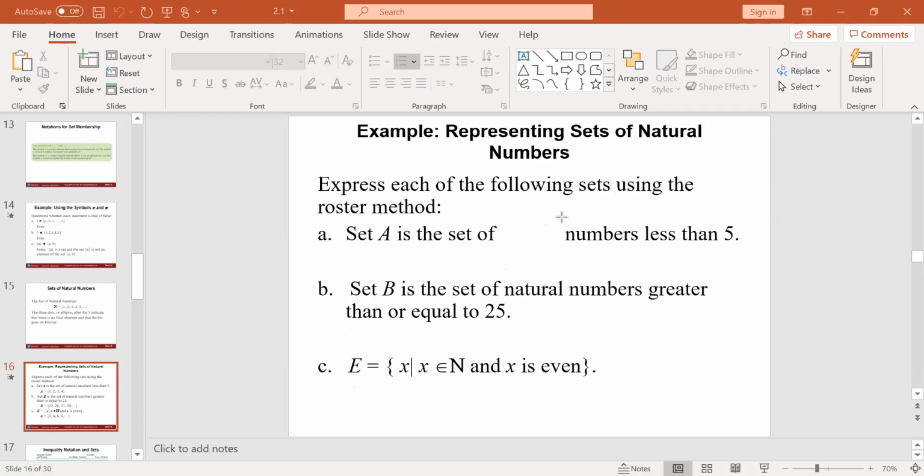Now, if I just said the set of numbers less than 5, there's an infinite amount of them, because I could go into negative numbers. I could go into parts of numbers like 1.5, 1.56, 2.3748921, something like that. By saying it has to be natural, I've suddenly given myself a much smaller amount of choices, haven't I?